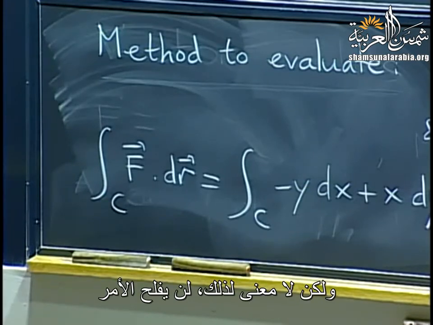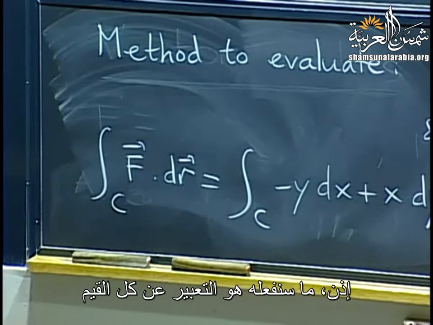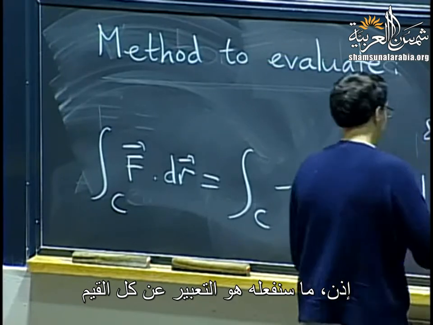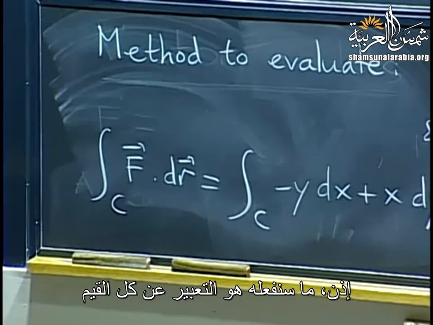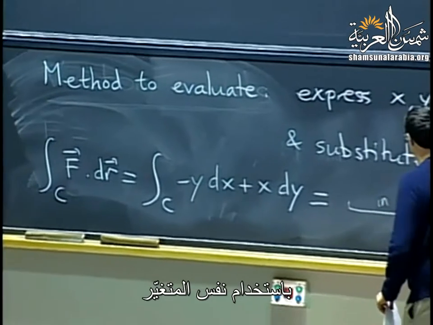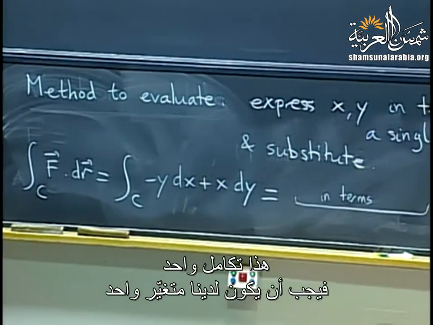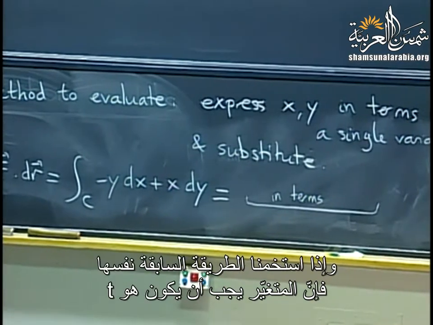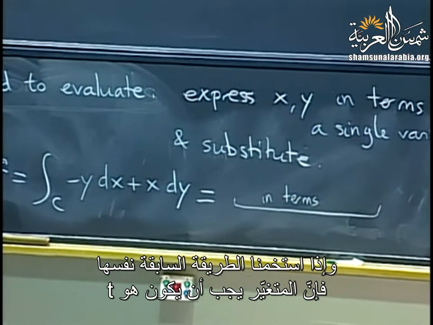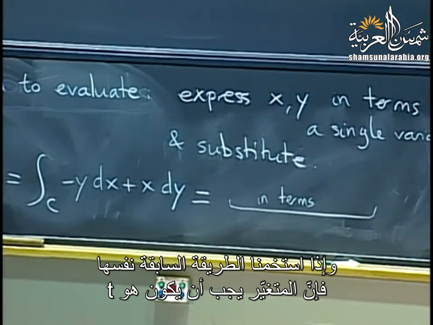It doesn't work. So what we'll do is express everything in terms of the same variable, because it's a single integral. We should have only one variable. And what that variable will be, if we do it the same way, would just be t.